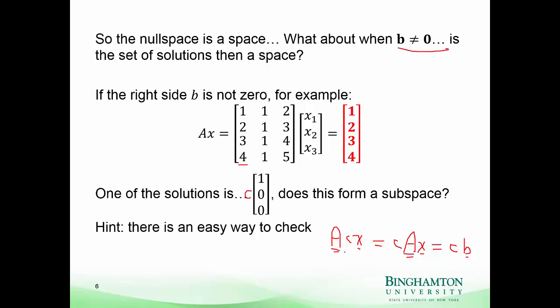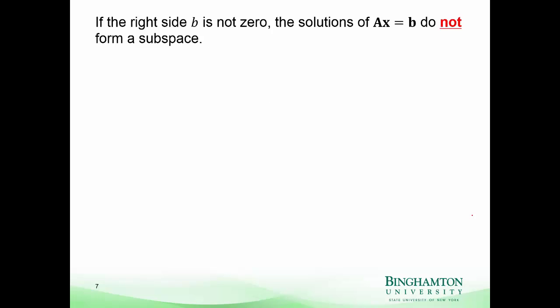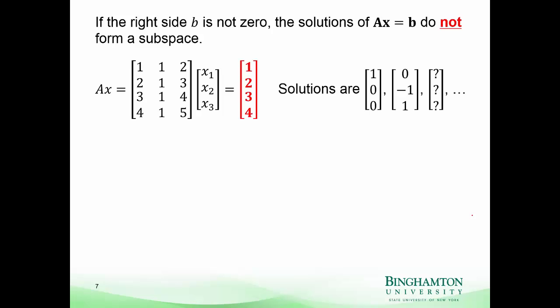So clearly this is not a solution because it doesn't map to B. It maps to C times B. So we already know that the answer to this question is no. The set of solutions to a non-zero B does not form a subspace. That's kind of an important concept here. And we can look at this another way.